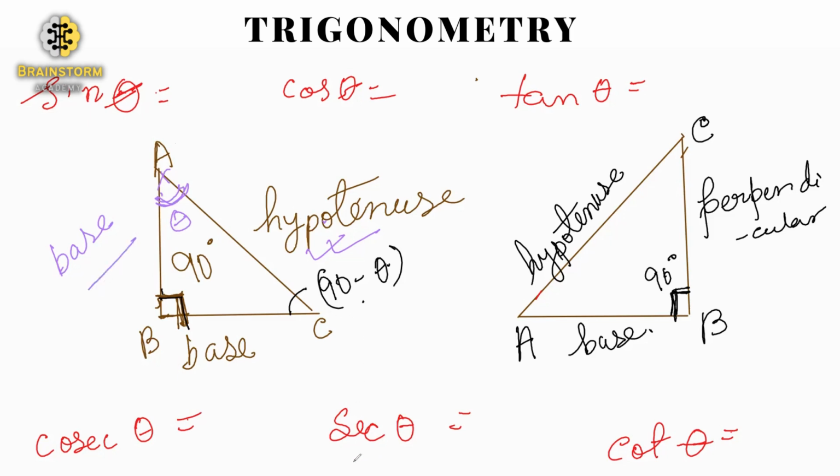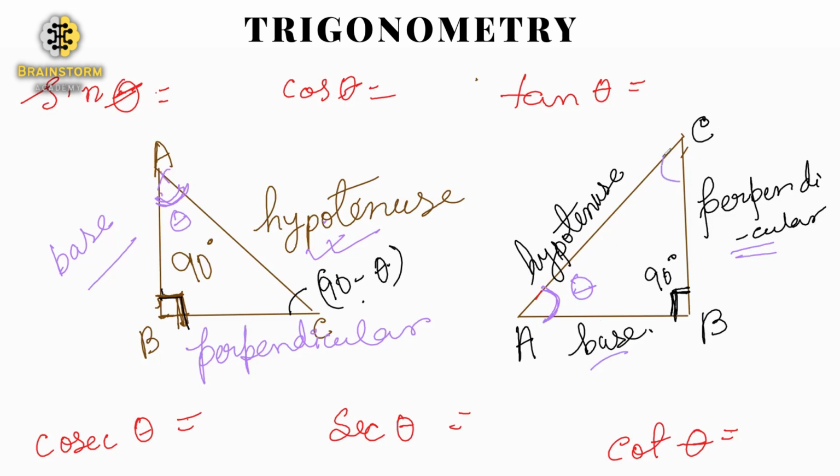And the side which has no role in making the theta will always be called the perpendicular. Understood? So in this case, if I take A as theta, this will be my base and this will be my perpendicular, correct?